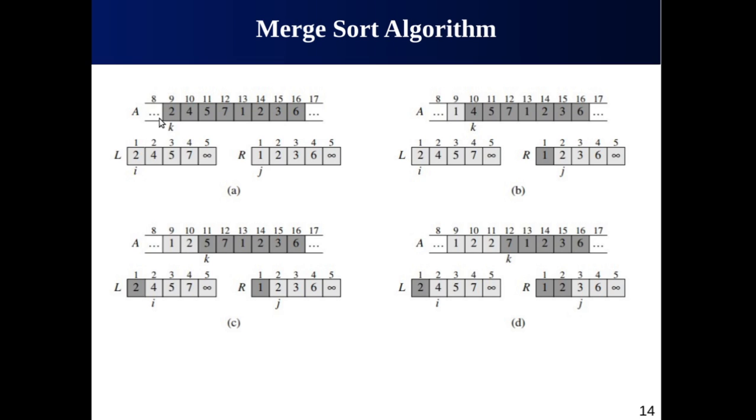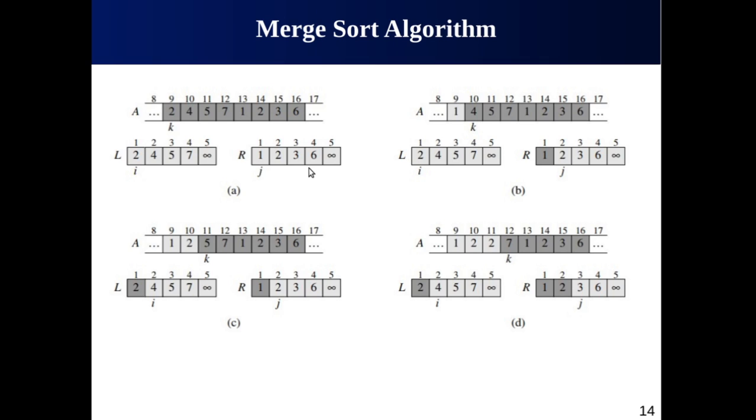For that, we need to divide it into two sub-arrays, each about half of the elements. So for example, here we have 8 elements, so 4 elements are going to be in the left array, while the rest of the 4 elements are going to be part of the right array.